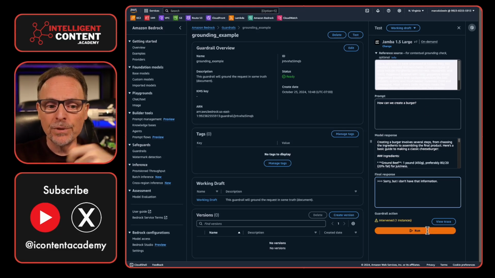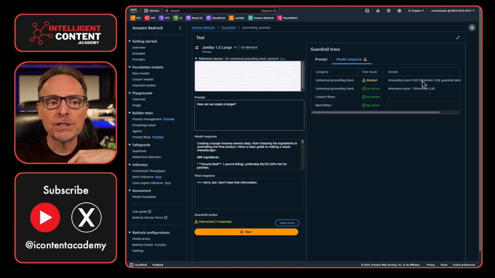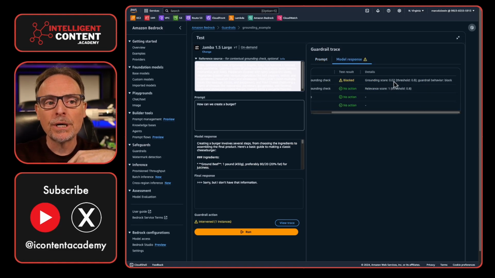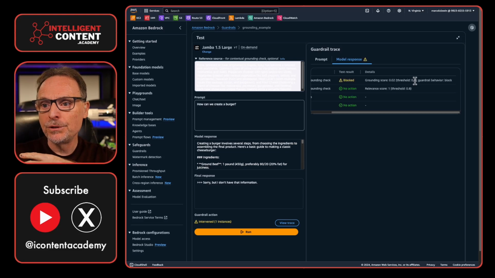So, nope. If we view trace, you can see prompt okay, but model response, grounding score, look at the grounding score, 0.02. The threshold is 0.8, therefore we block it. Now if I would have said 0, the grounding score is 0.02. Remember, we can put it at 0. If I would have said 0, it would have gone through, no problem.